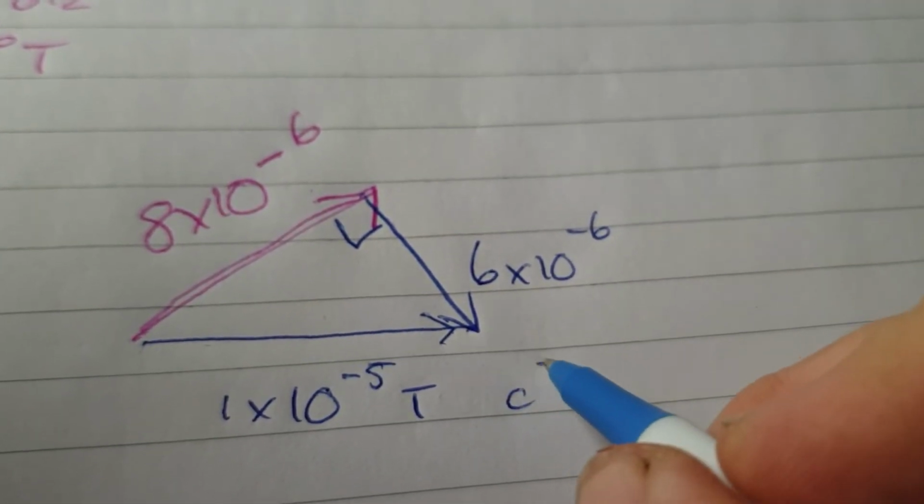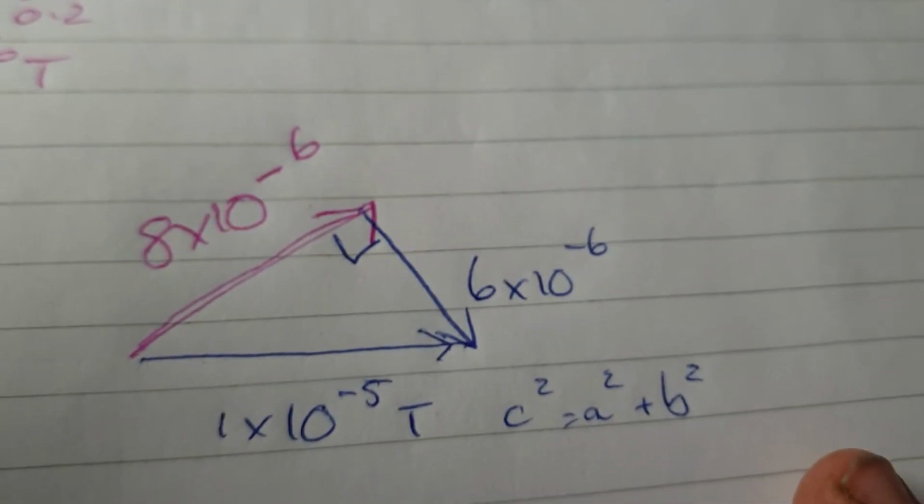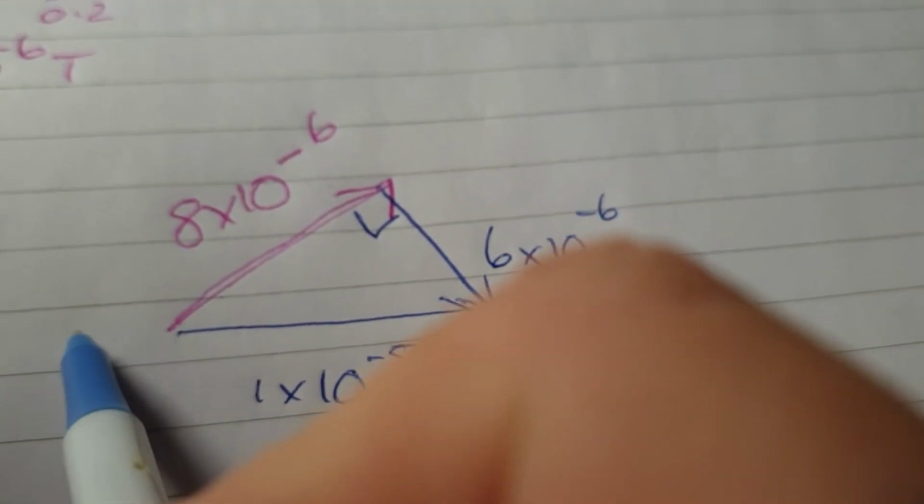That's just c squared equals a squared plus b squared, so you can work that out, no worries at all.